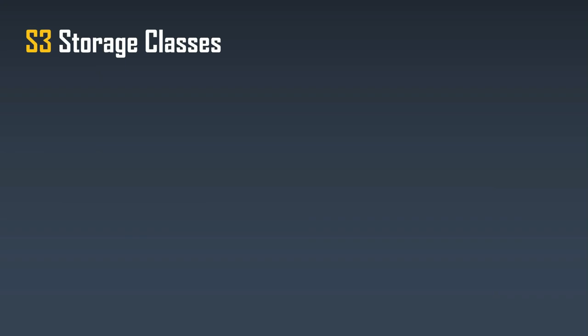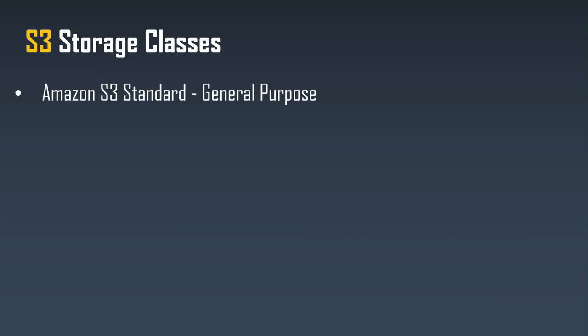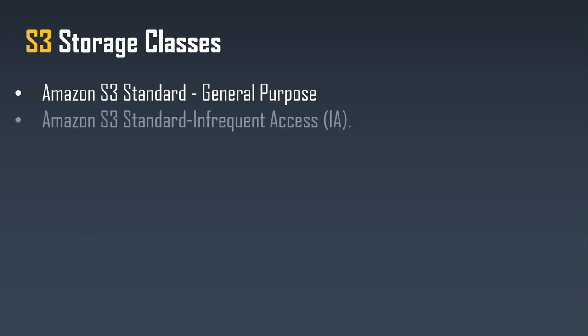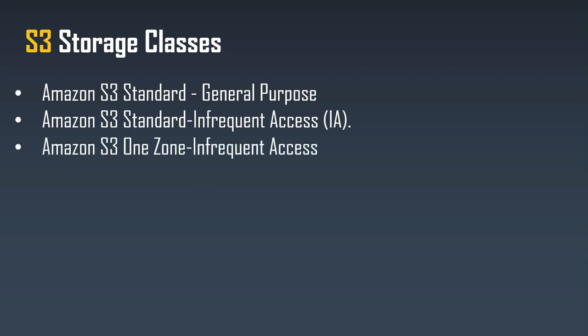The first one is the one we have been using so far, which is Amazon S3 Standard, for general purpose, but there are some more optimized ones depending on your workload. The first one is S3 Infrequent Access, or IA, also called S3 IA. This one is for when your files are going to be infrequently accessed, and we will have a deep dive on all of them, by the way. There is S3 One Zone IA for when we can recreate data.